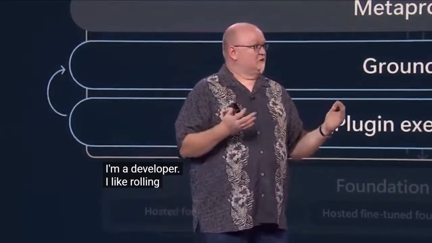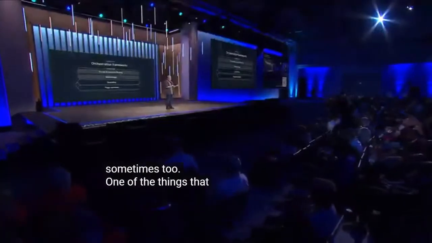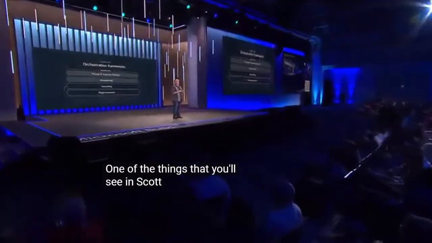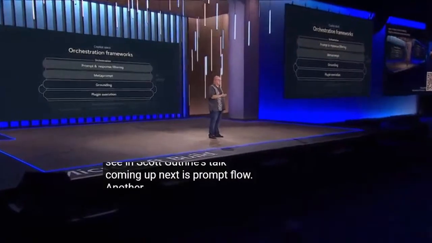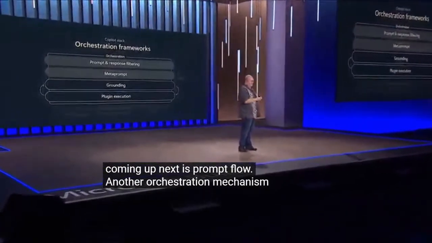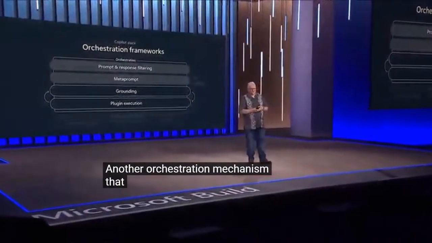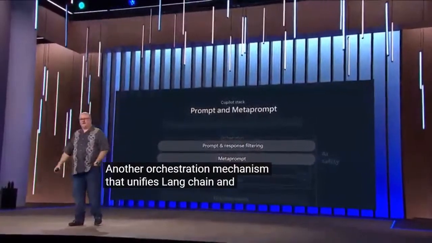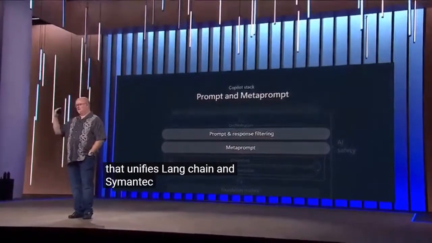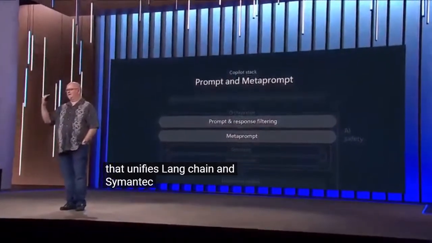One of the things that you'll see in Scott Guthrie's talk that's coming up next is prompt flow, which is another orchestration mechanism that actually unifies LangChain and Semantic Kernel. So I encourage you all to go dive a little bit deeper there. Inside of the orchestration layer, the fundamental thing that you're going to be manipulating is a prompt.